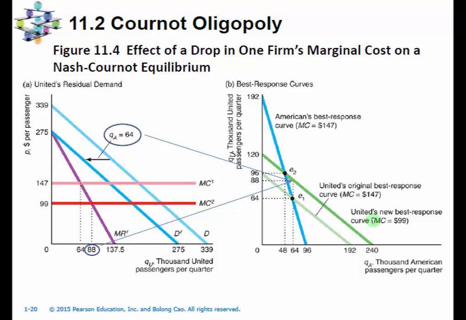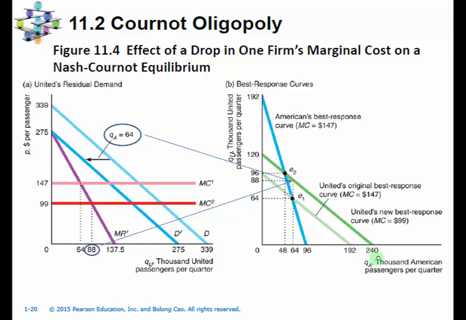And the reasoning by United Airlines is that American Airlines has supplied so many units into the market that the price will be lower than my marginal cost if I supply any quantity into the market.